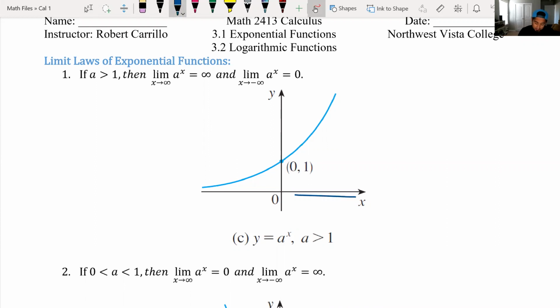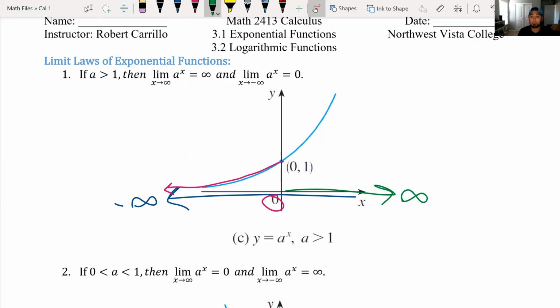We see that as x heads towards negative infinity, our y values are getting closer and closer to 0. And then you see that as x heads towards positive infinity, our y values head towards positive infinity. So that's all shown by the graph.